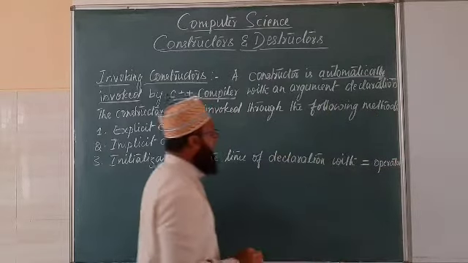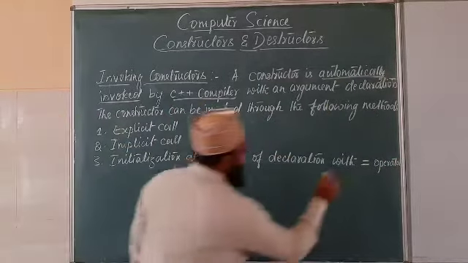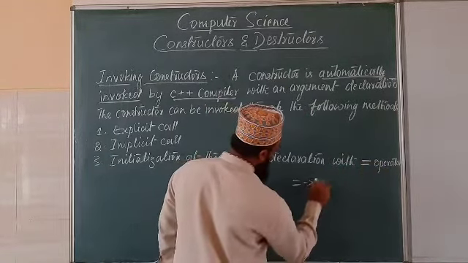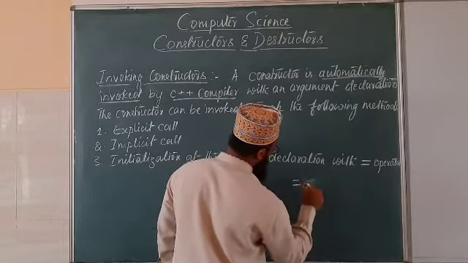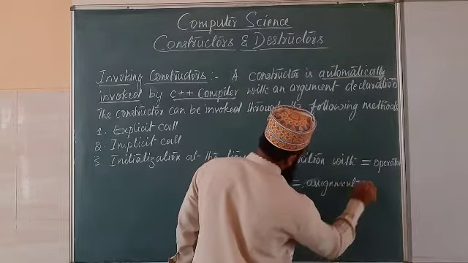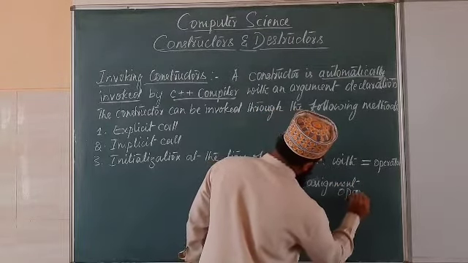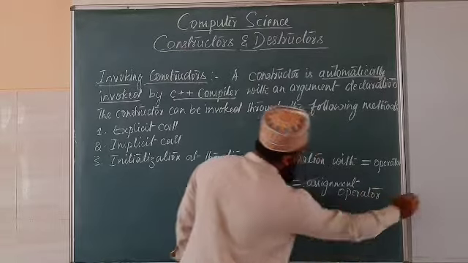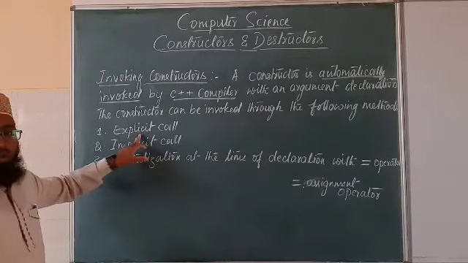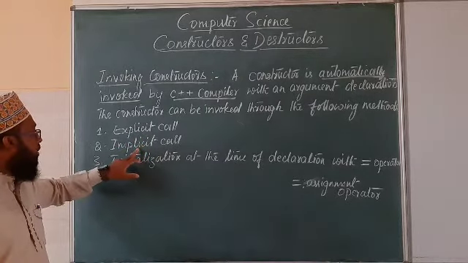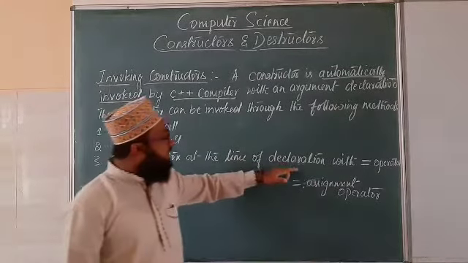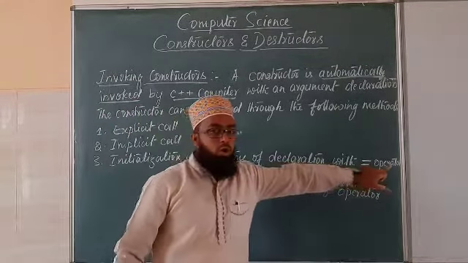Okay, this equals can be called the assignment operator. There are three methods. The first method is explicit call. The next one is implicit call, and the last one is initialization at the time of declaration with assignment operator.